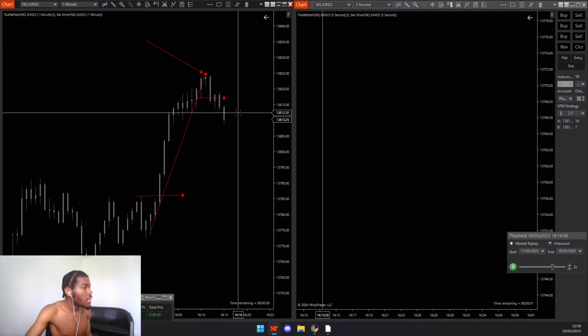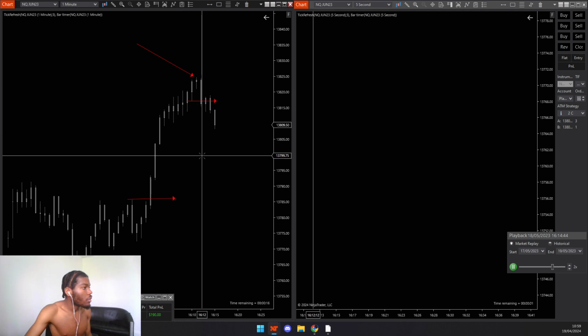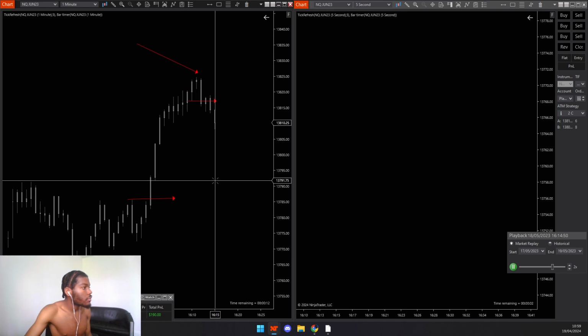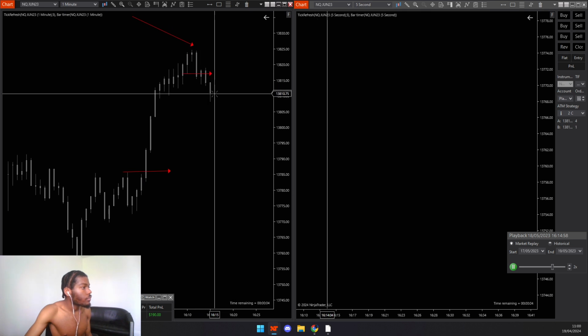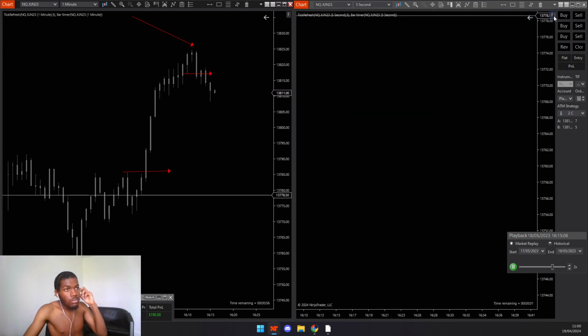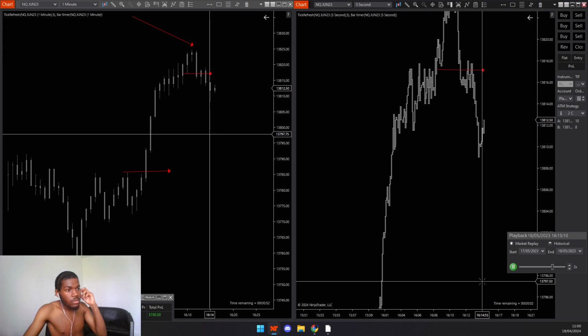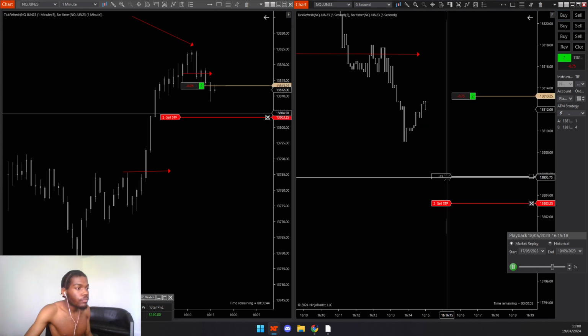So once we see this dynamic, once I know my target, I like to see a long position form. I like to look for long setups. Order filled.